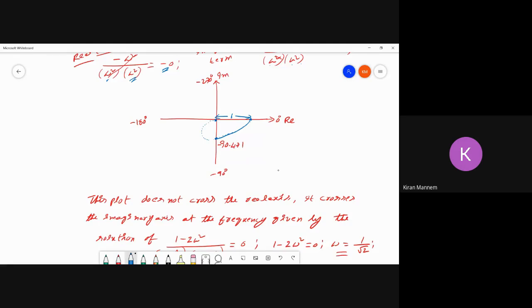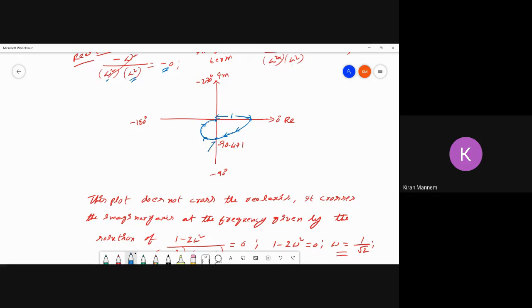Now what's the starting point here? It is minus 1, minus j0. As I mentioned, if you have points in the same quadrant, the polar plot is like this.